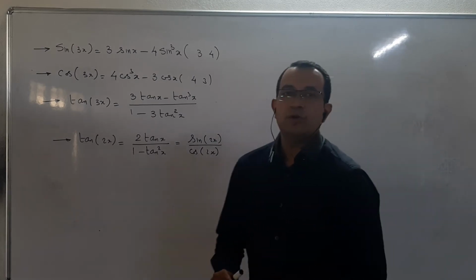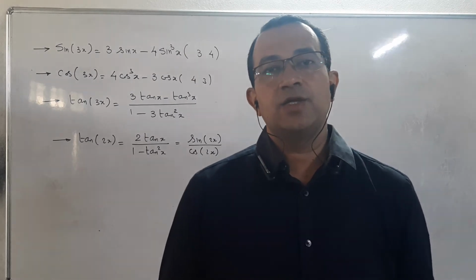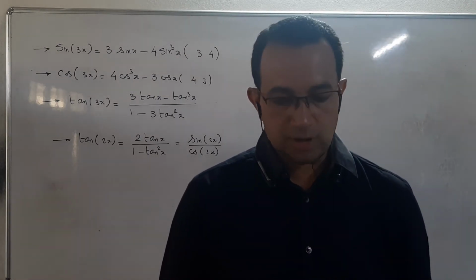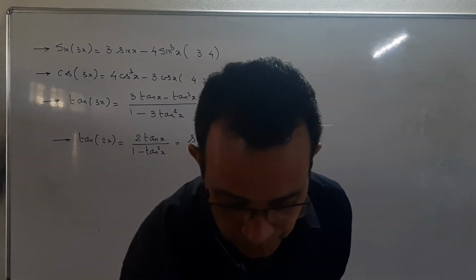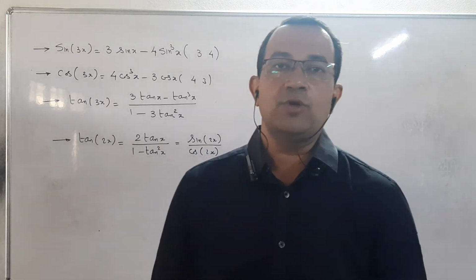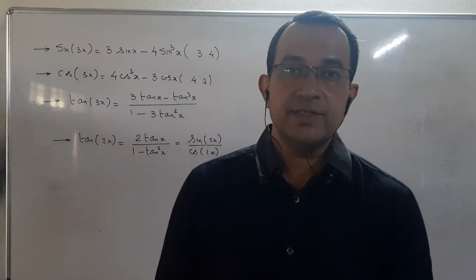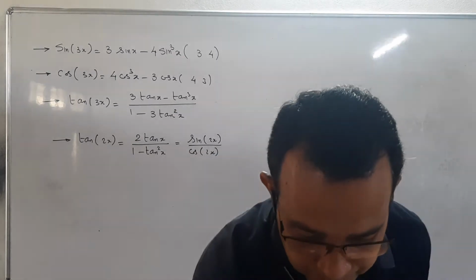And also in the formula of tan x plus y, replace y by x, you get the formula of tan 2x, which is 2 tan x upon 1 minus tan square x. So students, all these formulas we have to memorize and write again and again.